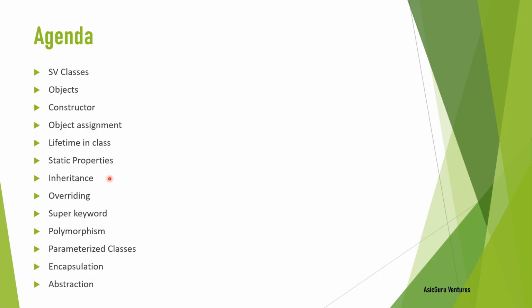Next, we will get into inheritance, method overriding, and also learn about the super keyword. We will also cover one of the most powerful OOPS concepts, that is polymorphism. Then we will see how to work with parameterized classes. And finally, we will wrap up with encapsulation and abstraction, which are the two key concepts in object-oriented design.